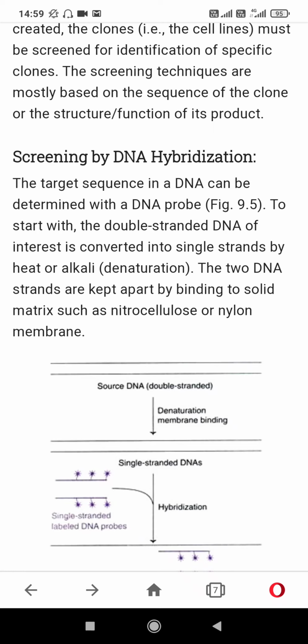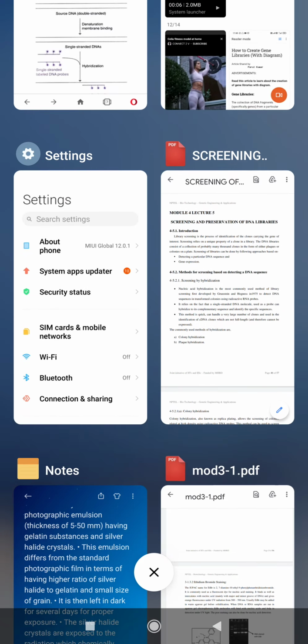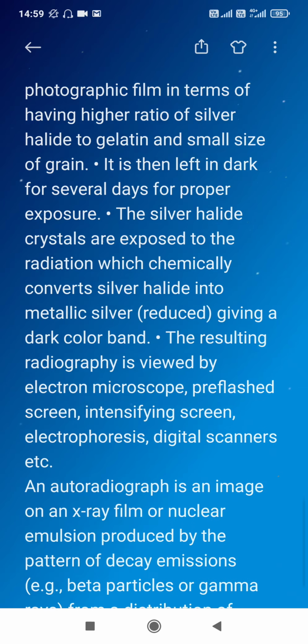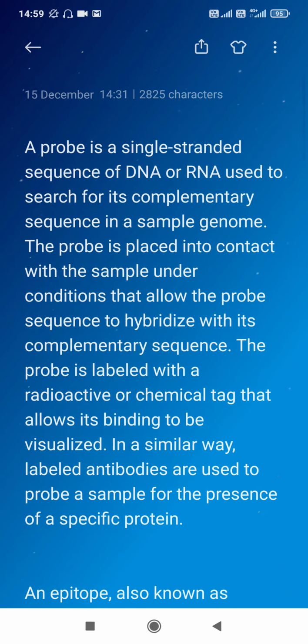In this case, the target sequence in a DNA can be determined with a DNA probe. Now, what does DNA probe mean? A probe is a single-stranded sequence of DNA or RNA used to search for its complementary sequence in a sample genome.